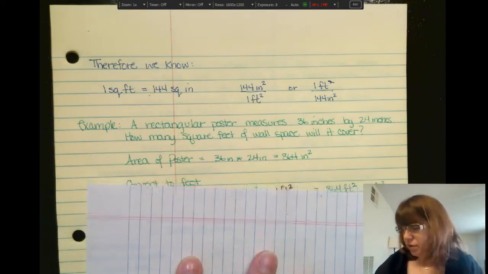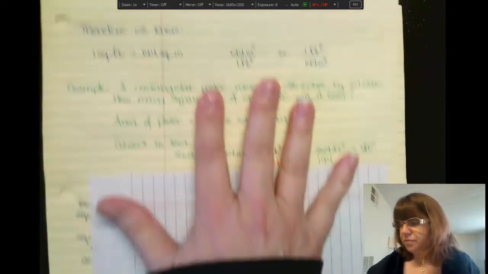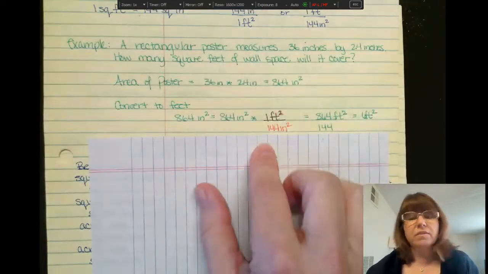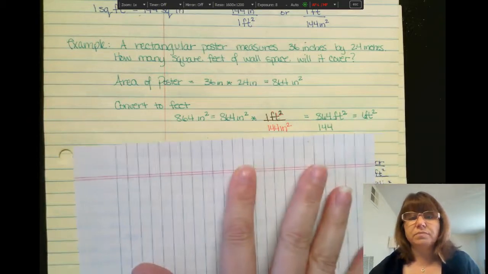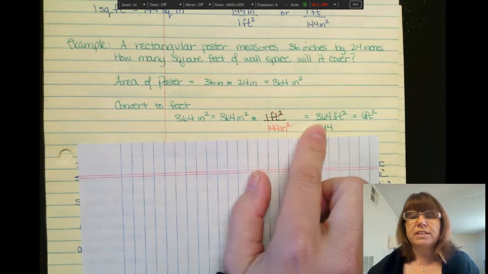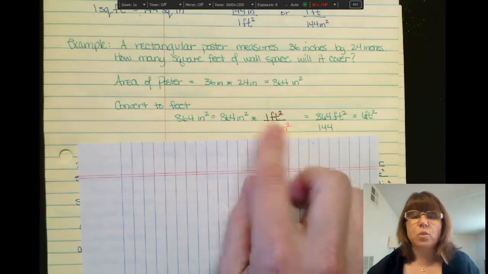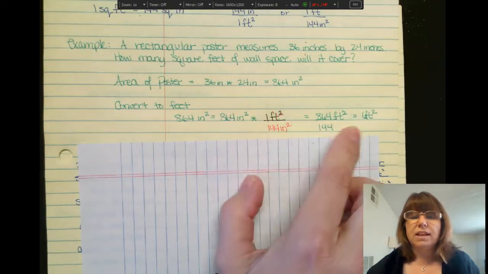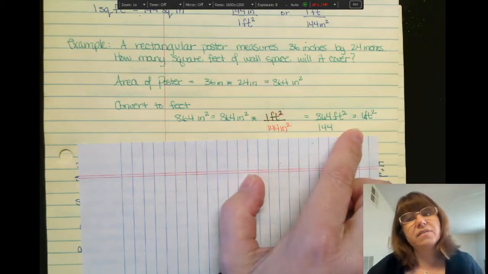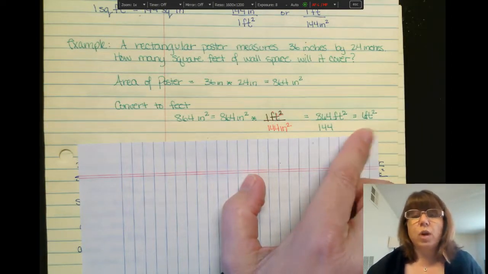But now I need to convert the inches squared to feet squared. I have my conversion factor in there. And I am left with 864 feet squared divided by 144, because the inches squared cancel out, leaving me with 6 square feet, or 6 feet squared. However you like to say it, or however you like to write it, it is feet squared.